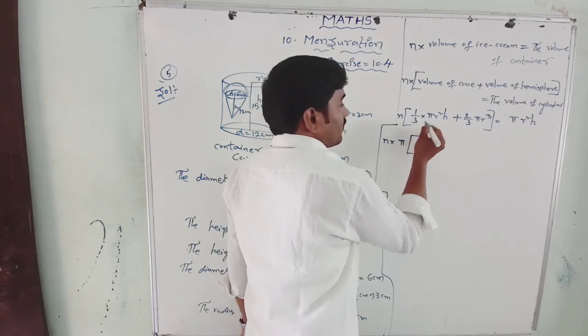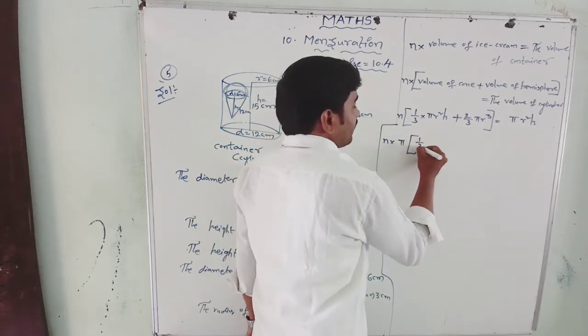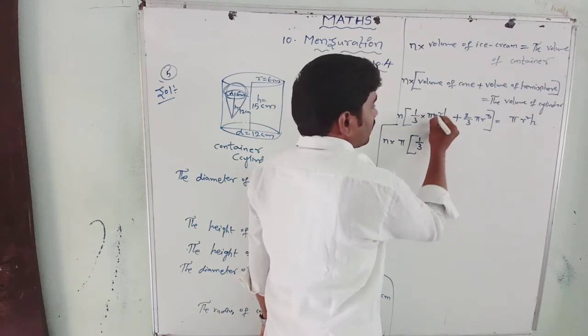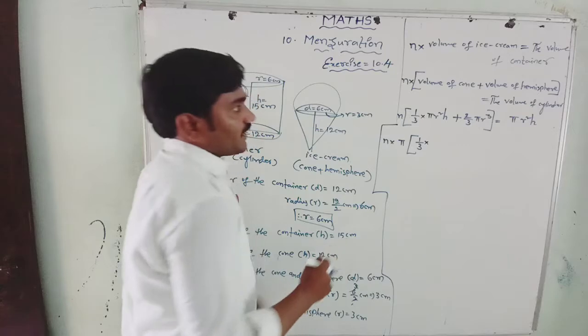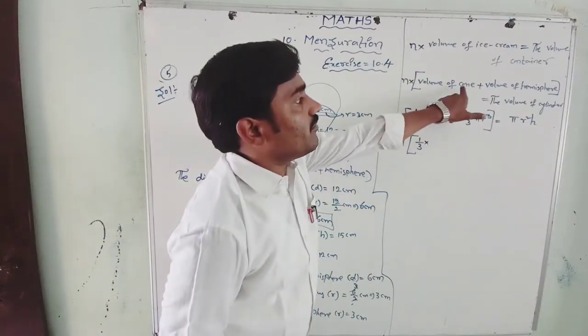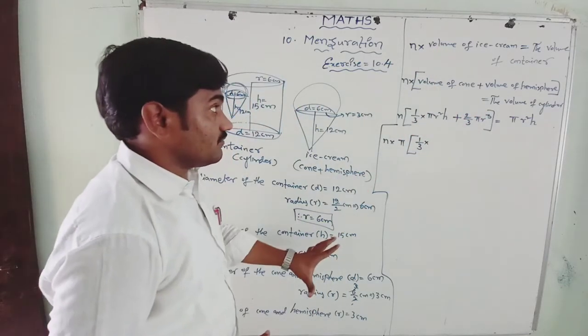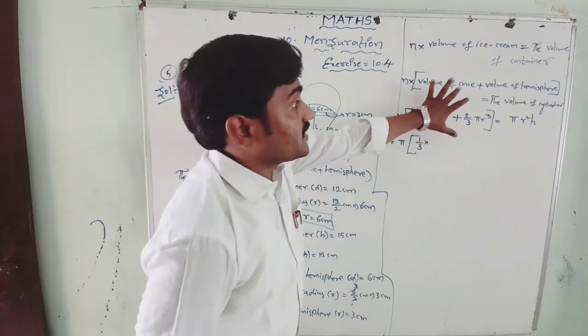So what is left? 1/3, pi already taken common. What is r here? R is nothing but the radius of the cone.